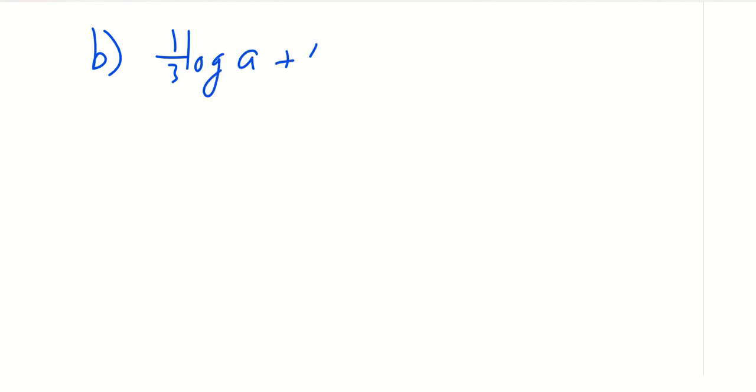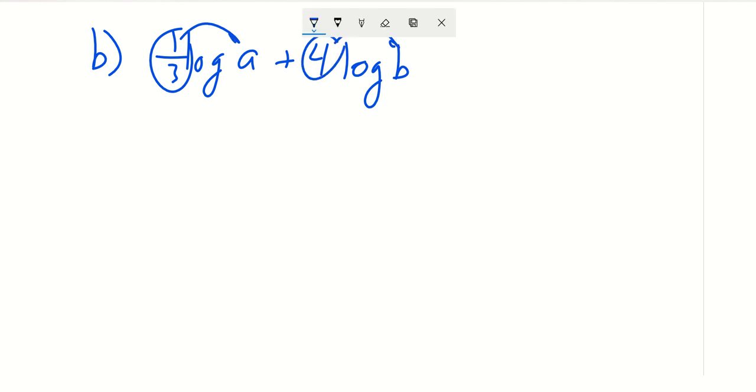Let's do the same thing with part B. Part B, we have 1/3 common log a plus 4 common log b. The first step, again, in condensing these is we need to bring those coefficients or factors, if you will, inside as exponents.